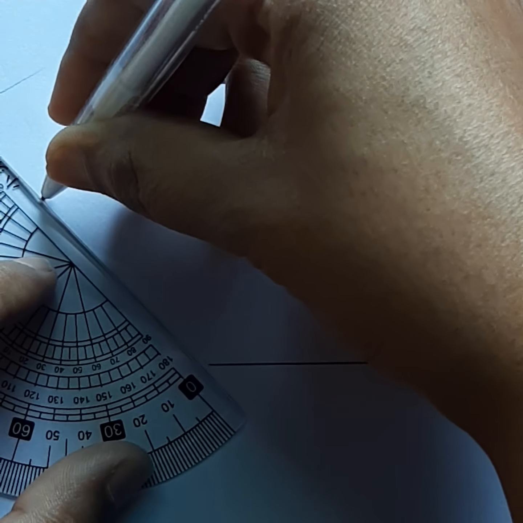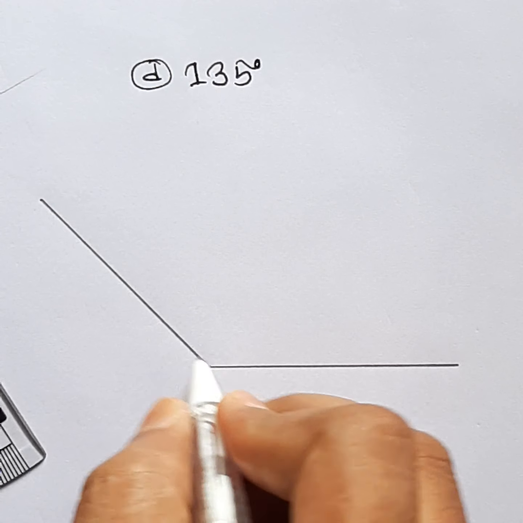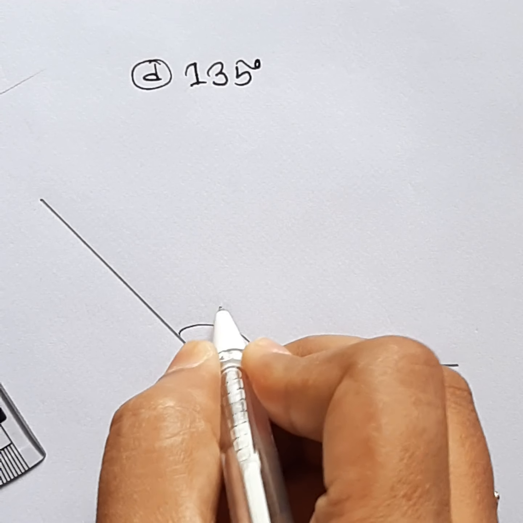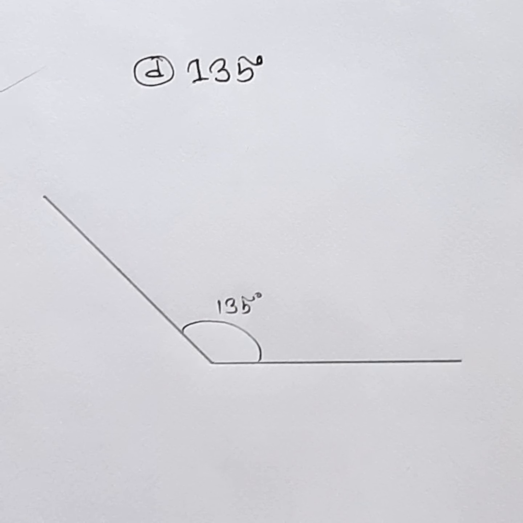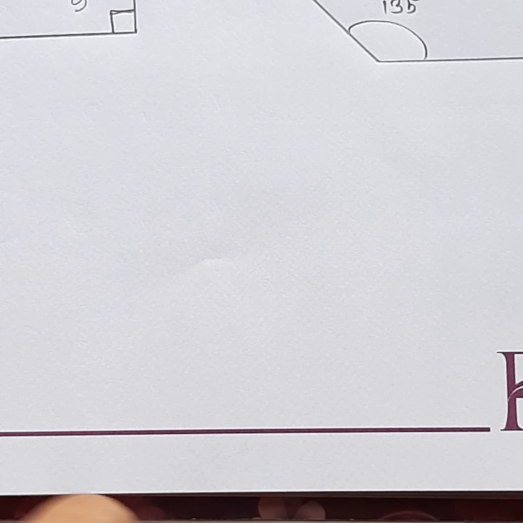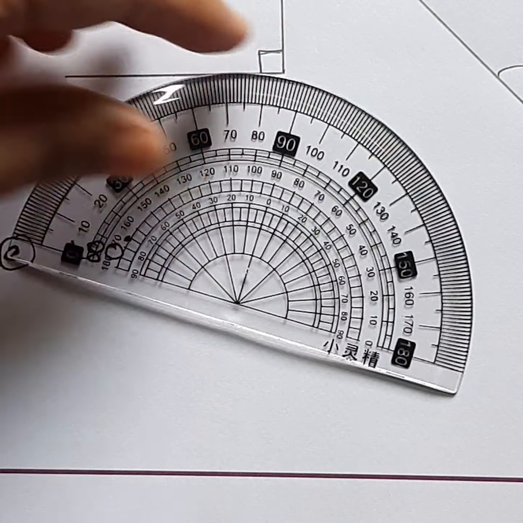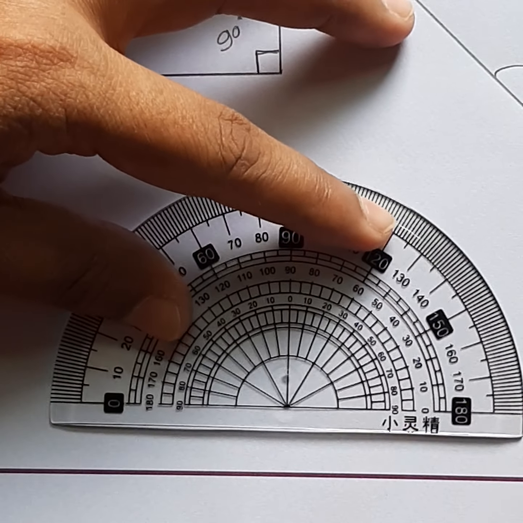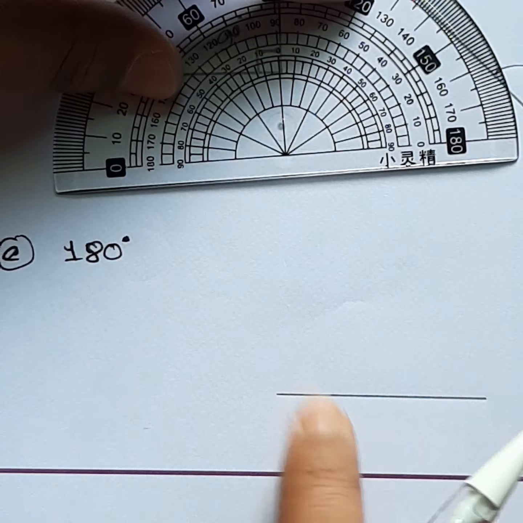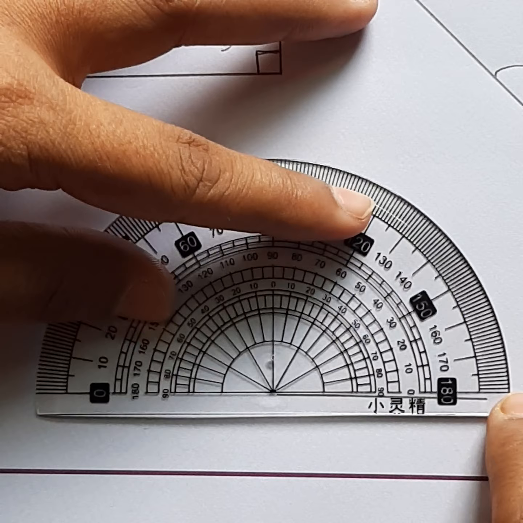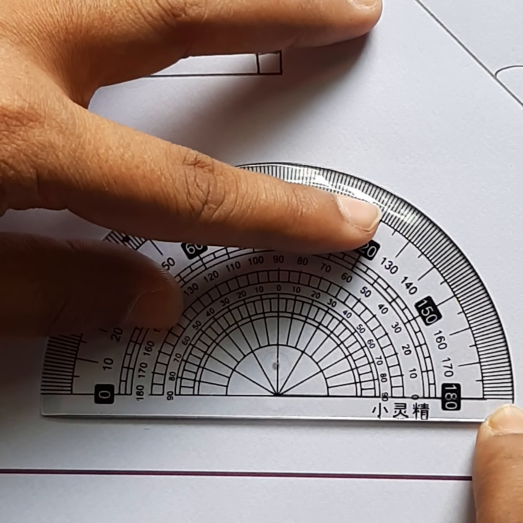So we are going to just add them. See, this is our 135 degree. The last one is not the least one. Basically this one is 180 degree, and we'll just do that one. Keeping the line over here, joining protractor on overlapping.